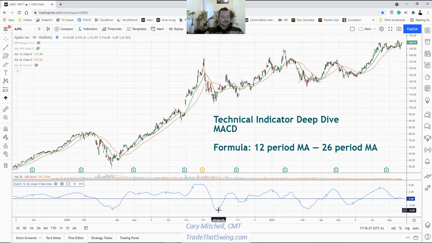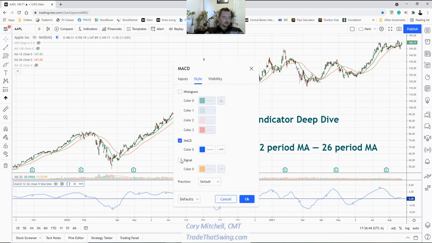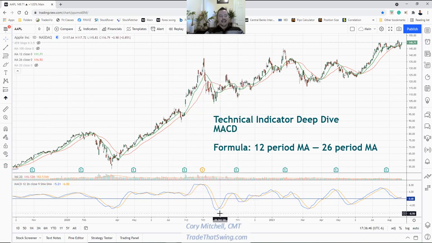But we can see it's starting to turn back up. When that happens, that means our 12 period moving average is starting to move back toward the 26 period moving average. So they're starting to move a little closer together. So when we add that signal line on, it can sometimes give us a little notification, I guess you could say, that that is starting to turn up.